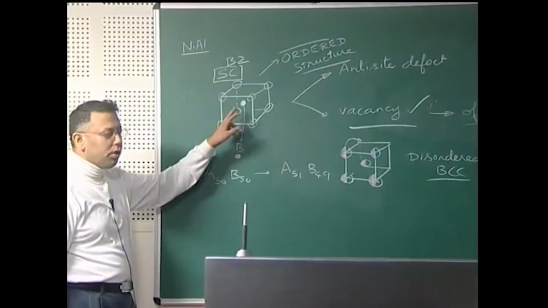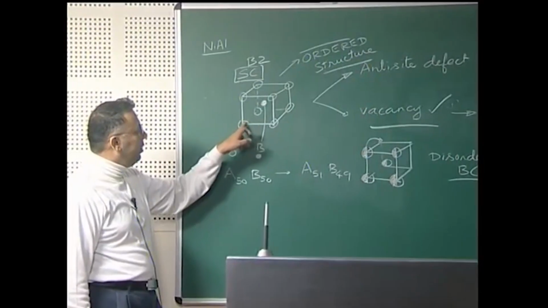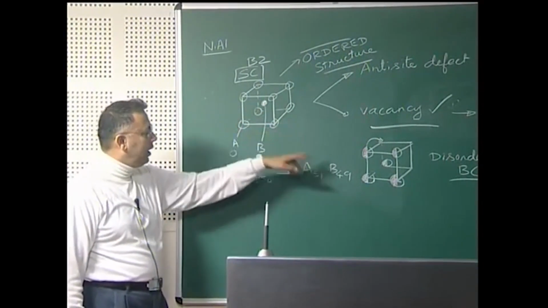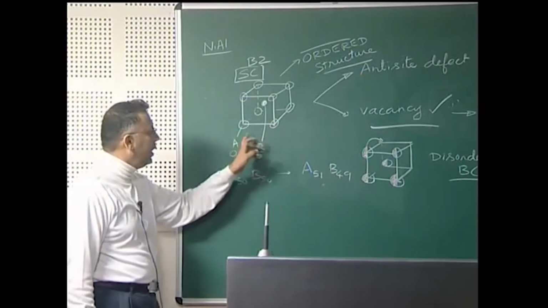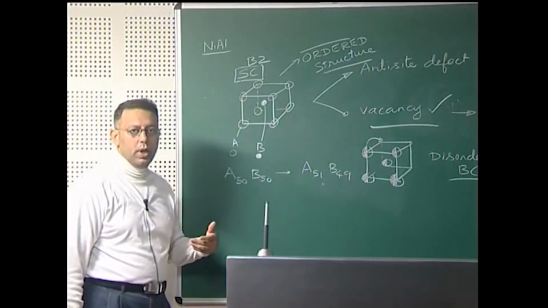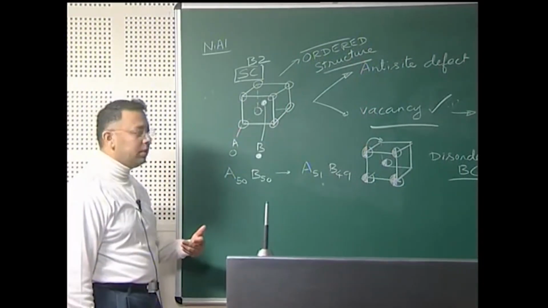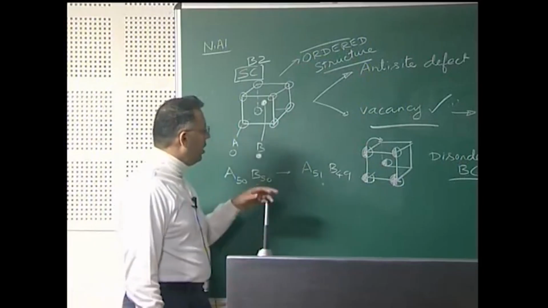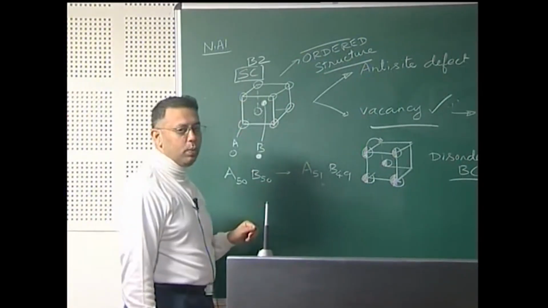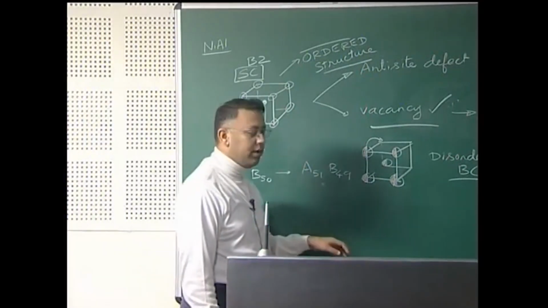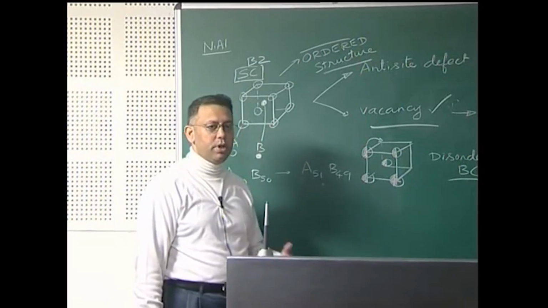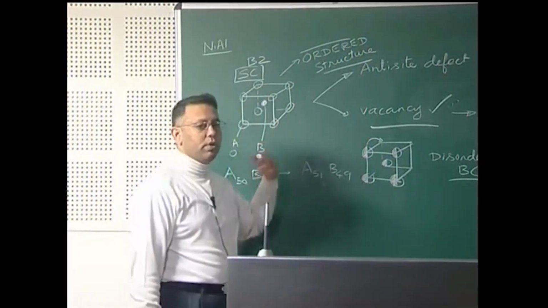Because now this is an ordered structure, if an A atom jumps to the B site because it is vacant, and this vacancy is a structural vacancy, it is not energetically feasible to do so. That implies that the diffusion arising from these structural vacancies is going to be different from that arising from the thermal vacancies, because thermal vacancies can reside in any one of the lattice points.